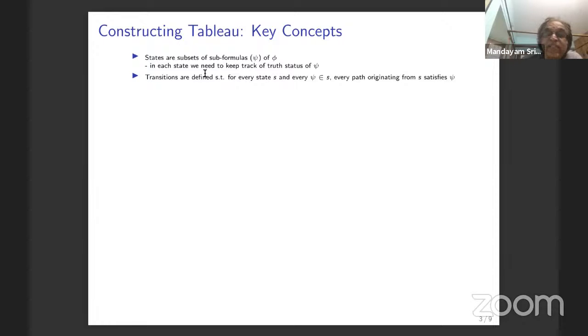So it is intuitively clear that if you want to construct a Kripke model that corresponds to a phi, you will have to remember the truth assignments for each of the subformulas. And that is why you make the states the various possible subsets of the subformulas of the original formula.